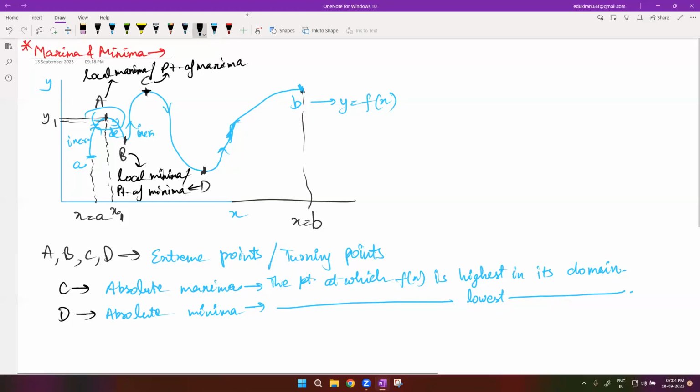Okay. Also note down this definition. What is point of maximum or local maximum? Fx is highest in its neighborhood.